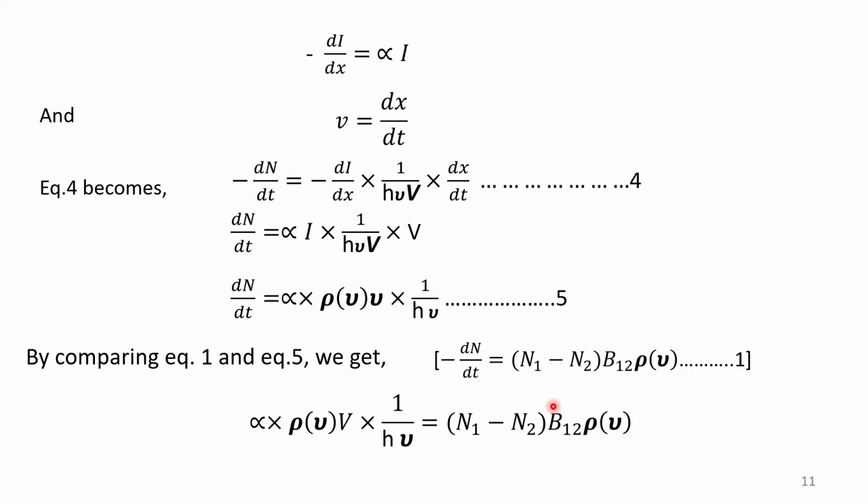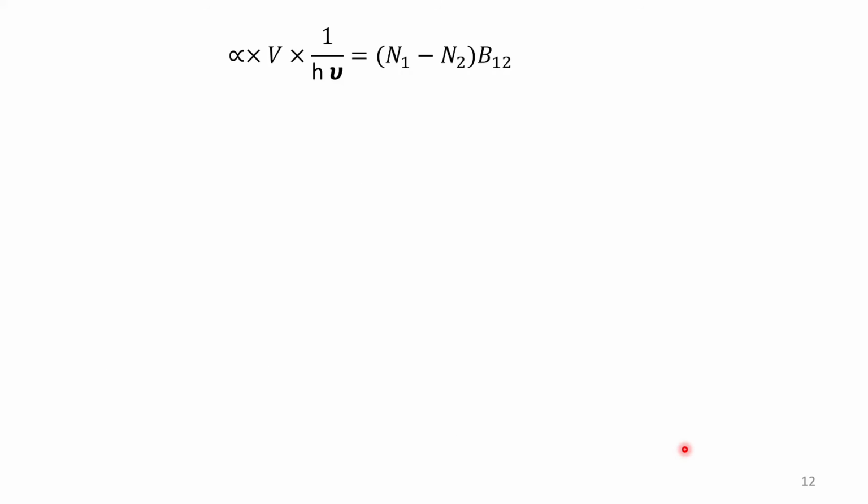these two equations, we can write alpha into rho nu into v multiplied by 1 divided by h nu is equal to N1 minus N2 into B12 into rho of nu. Therefore, alpha into v into 1 upon h nu is equal to N1 minus N2 into B12.